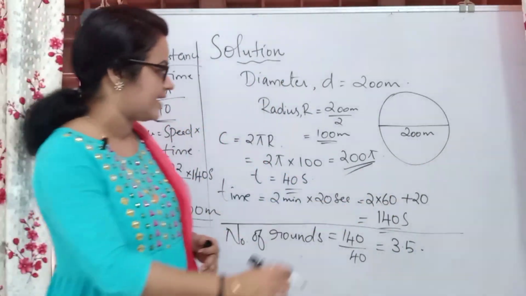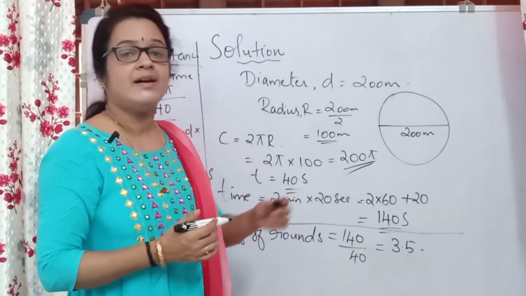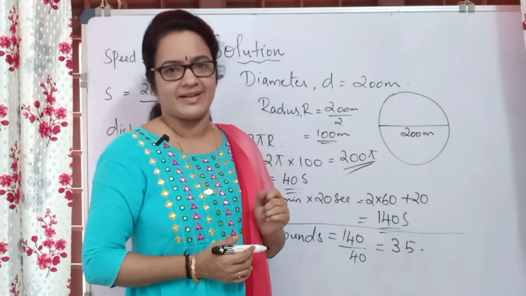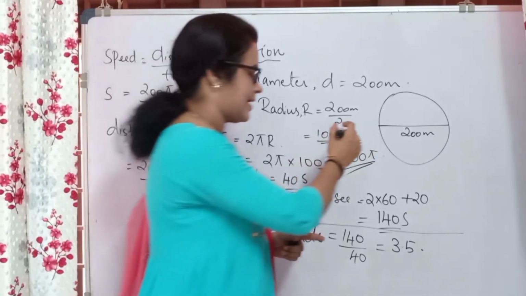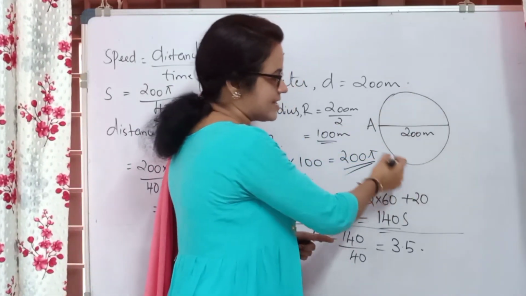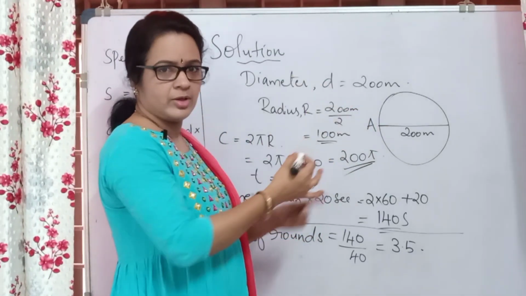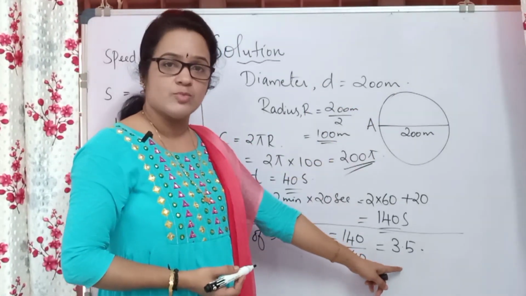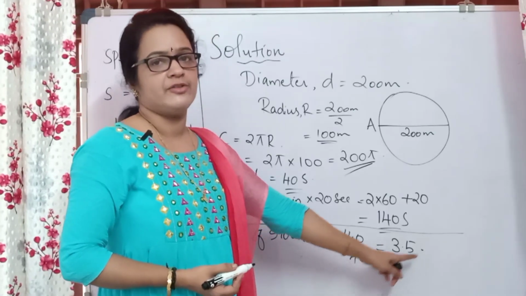Here we can see that the displacement is the shortest distance between the initial and final positions, right? Suppose the athlete is traveling from A and completes one circle. After that, how many rounds is he moving? 3.5 rounds.